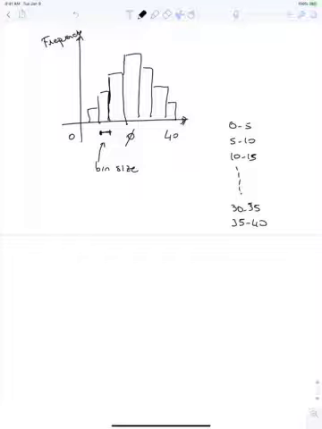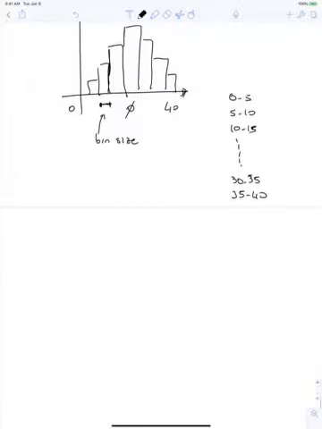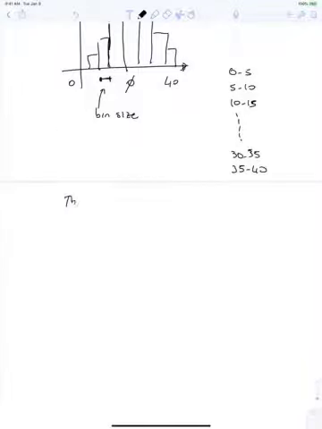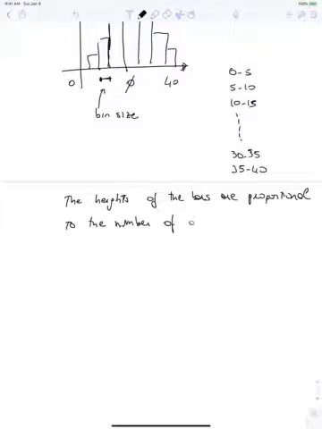The heights of the bars are proportional to the number of observations in the given interval, what we call the bin.